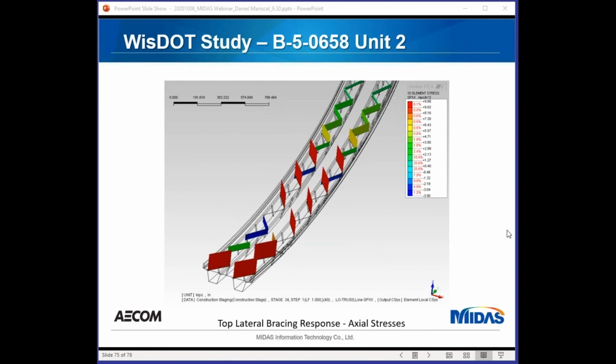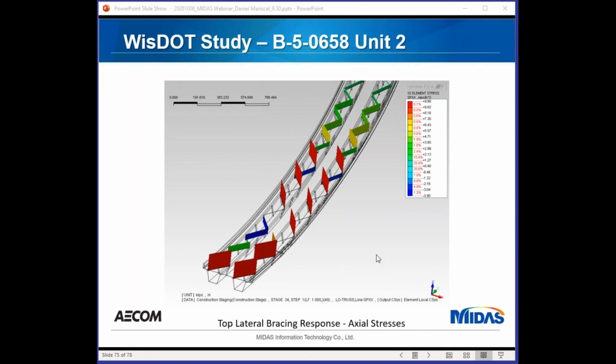This is a view of the plots of the top lateral bracing. The top lateral bracing as well as the internal frames were modeled to have a plastic tension failure, but they were also modeled, like I explained earlier, to have a compressive buckling failure.